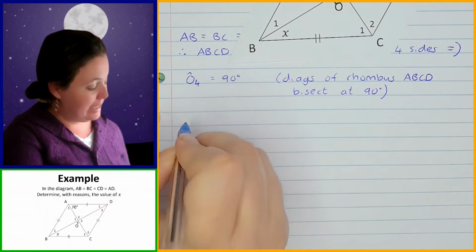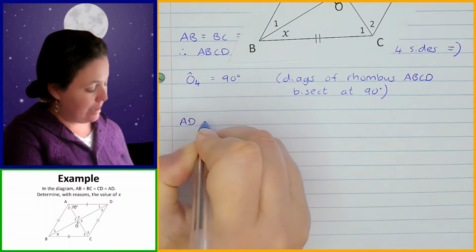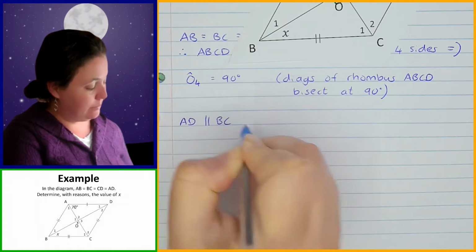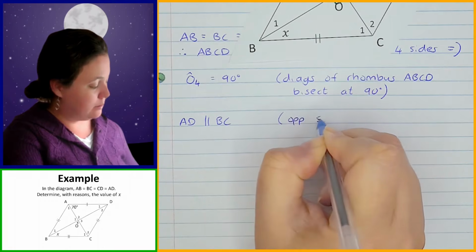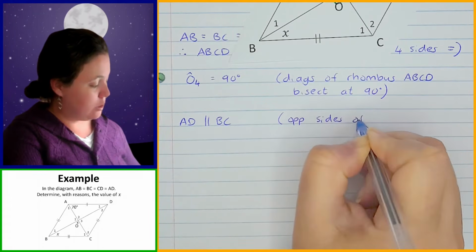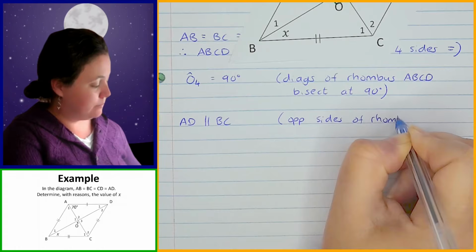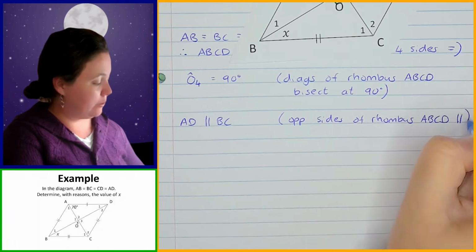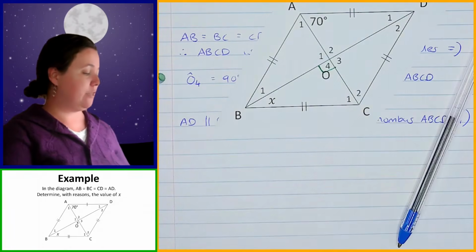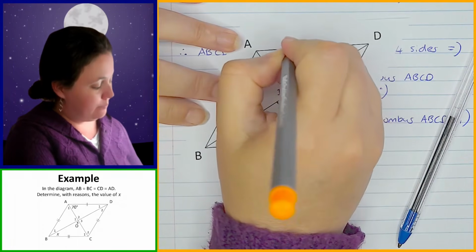So I can say that AD is parallel to BC, and my reason is that the opposite sides of a rhombus are parallel. Okay, so now I know that these are parallel over here.